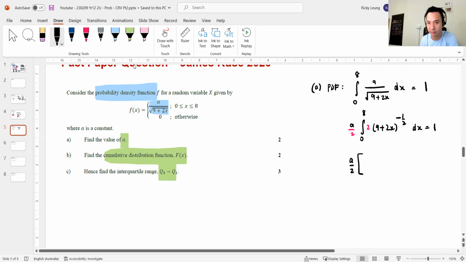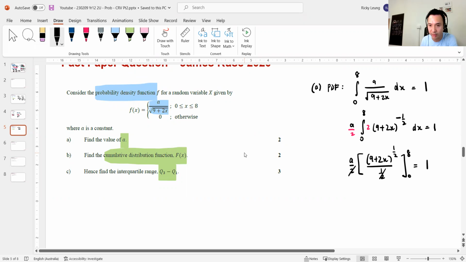Now I can use the power rule or reverse chain rule, whatever you want to call it. 9 plus 2x, add 1 to the power, divide by the new power equals 1, with limits of 8 and 0. I thought I was finding the CDF.